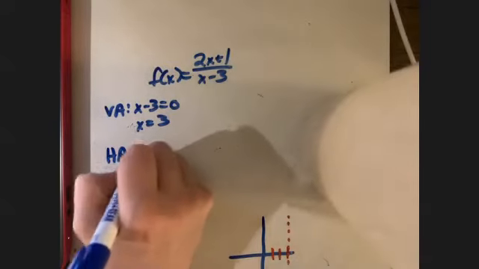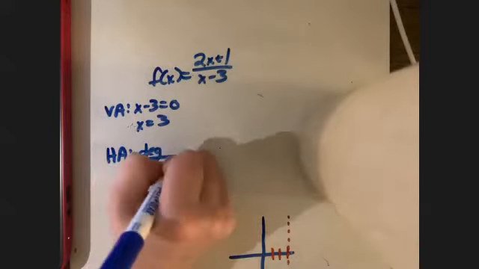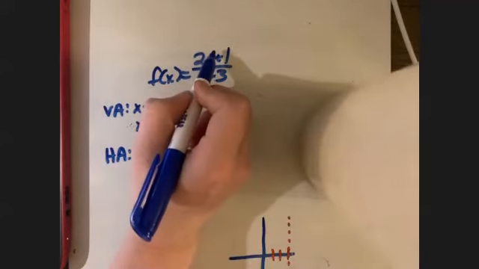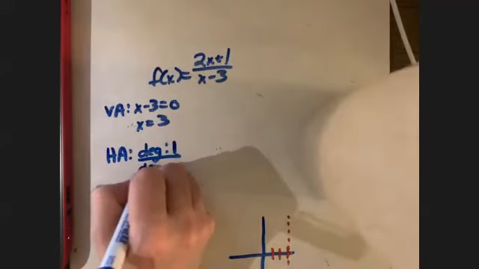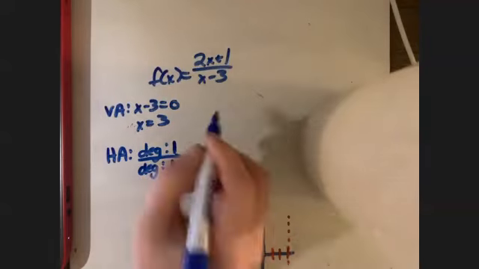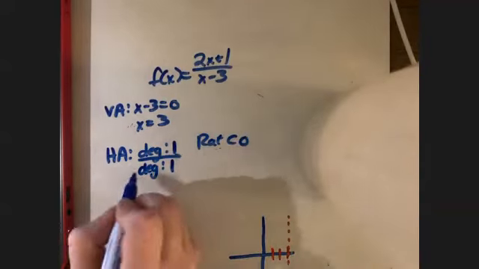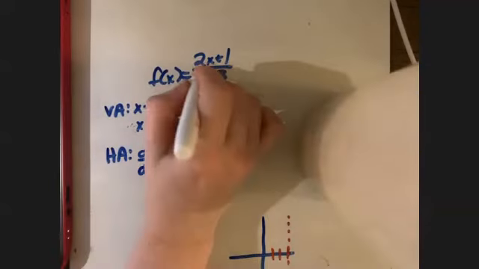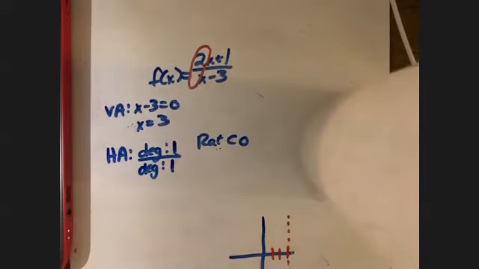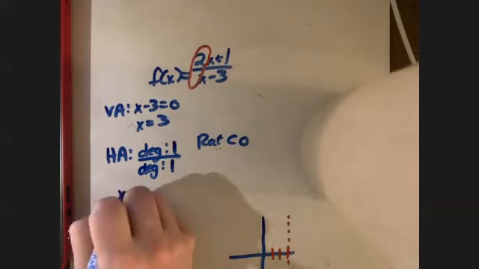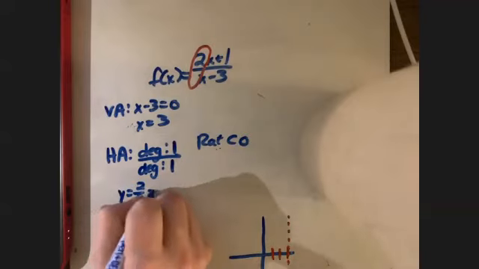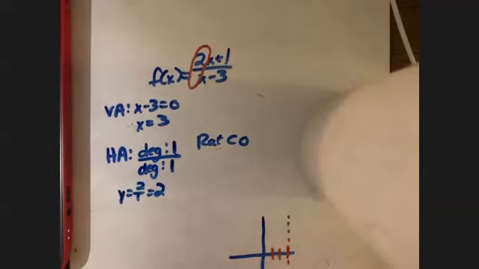Horizontal, we've got degree on the top is 1, again, because that highest power is a 1. The degree on the bottom is also 1. So we are in Ratco. So again, we're going to go grab those coefficients right up in front of the x's. So we are at y equals 2 over 1, which is going to be at 2. So I'm going to go mark that.